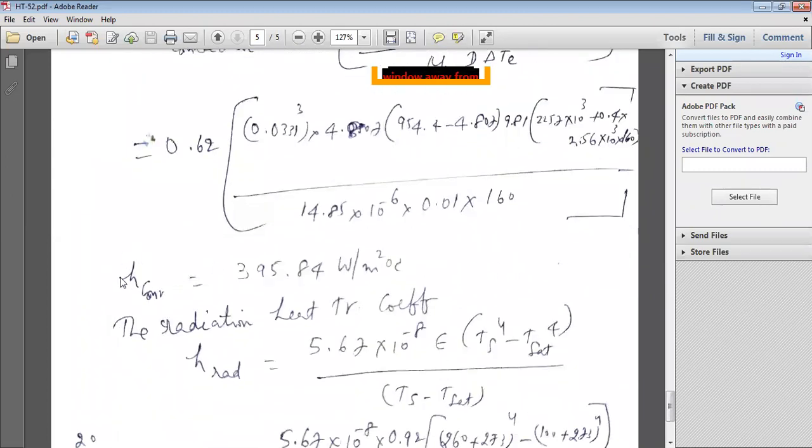From this, the convective heat transfer H convection is 395.84 watt per meter square Kelvin.